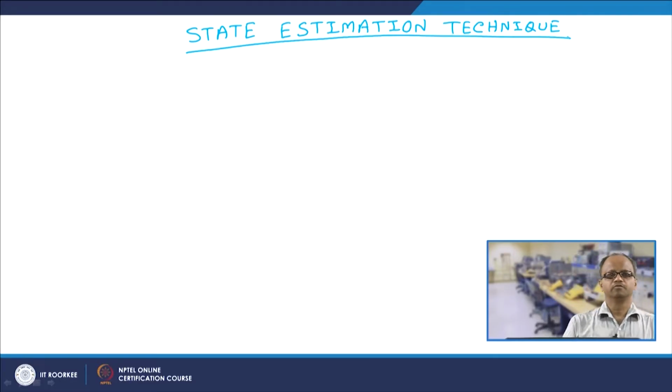When we started discussing the state estimation technique in the last lecture, we said that it is necessary for us to continuously monitor the system, lest the power flow or the current magnitude over any line goes beyond its corresponding permissible limit.